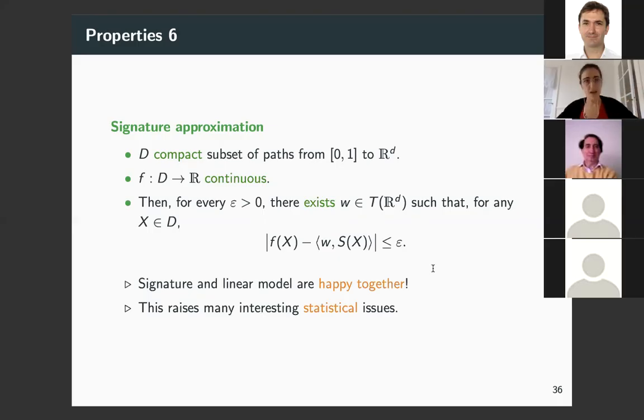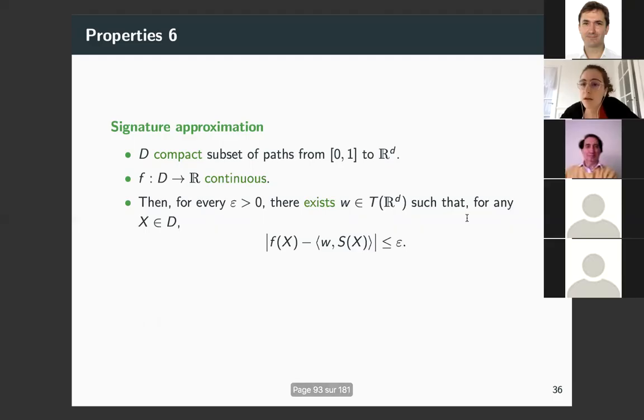Sorry, Adeline, I've noticed that there's a question in the chat, which I think refers to an earlier part of the talk. Does it always eat the self-intersection? I think it refers to your slide on signature inversion. The flower, yes, the reconstruction. Sorry, what's the question? The self-intersection disappeared when you reconstructed the image.